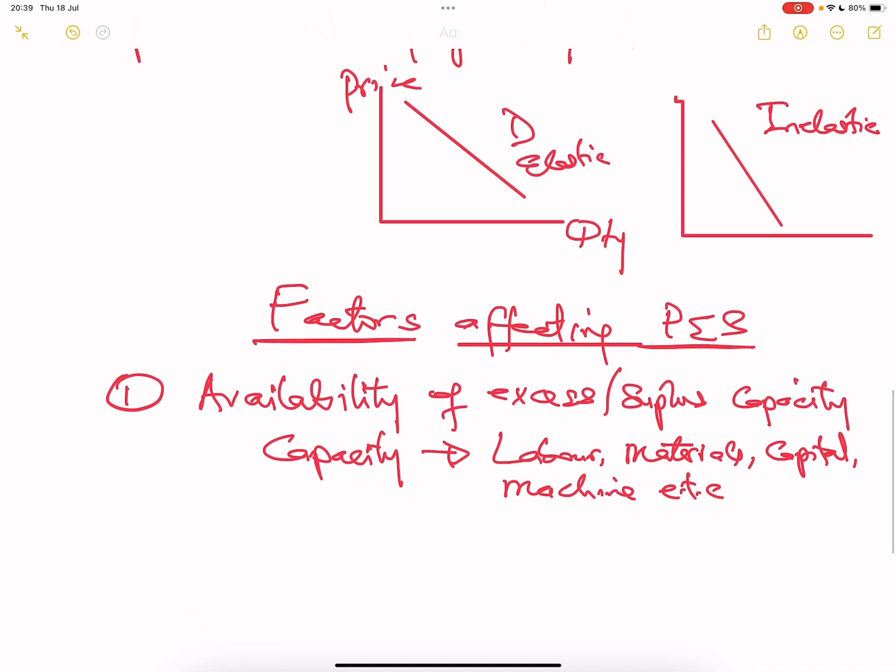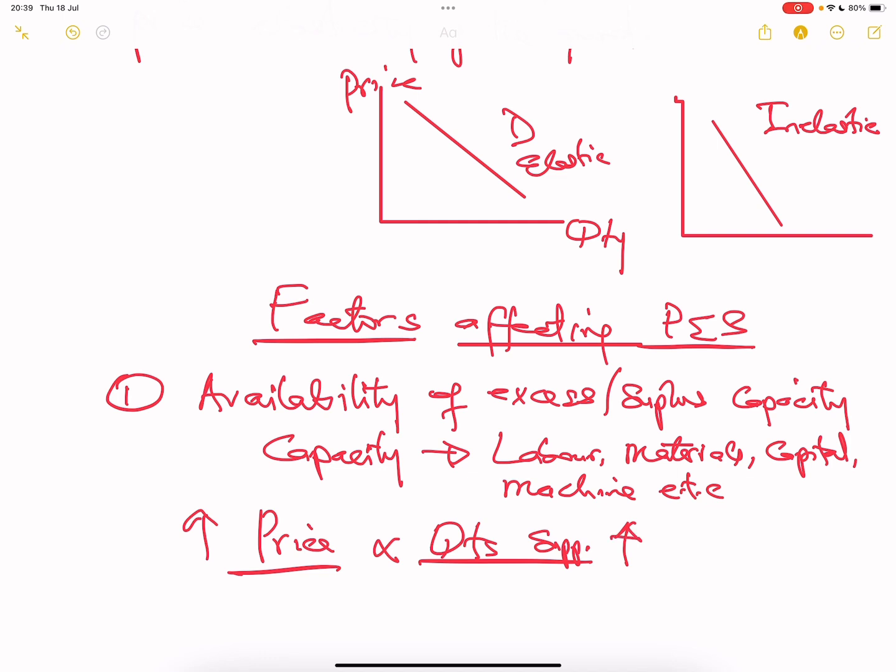And why is this important? We have said that price is directly proportional to quantity supplied. What does that mean? We are saying that if price goes up, quantity produced will also go up. We're going to supply more quantity.